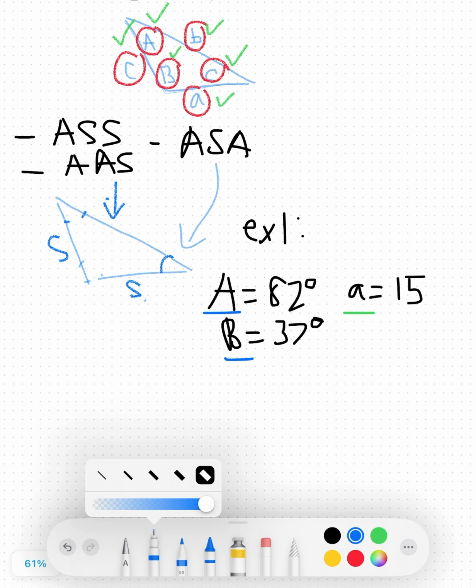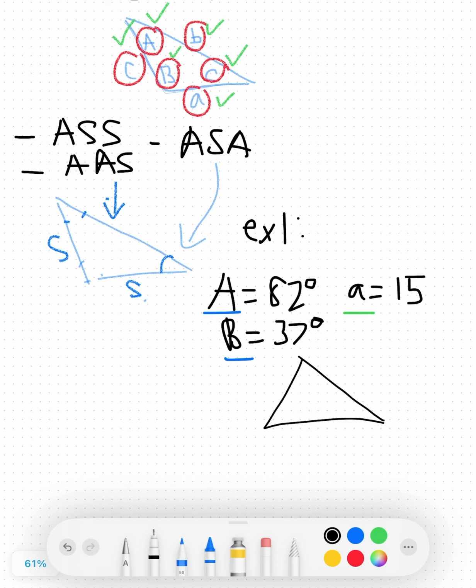So now let's see, how would we draw this triangle? It would look like this. Let's say this was A, B, C. A is 82 and B is 37, and this side is 15.